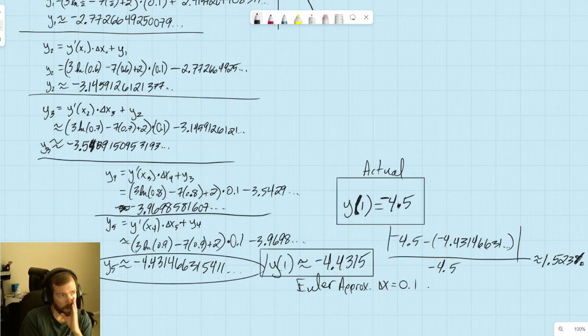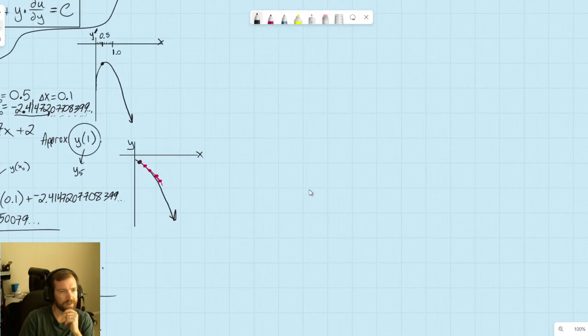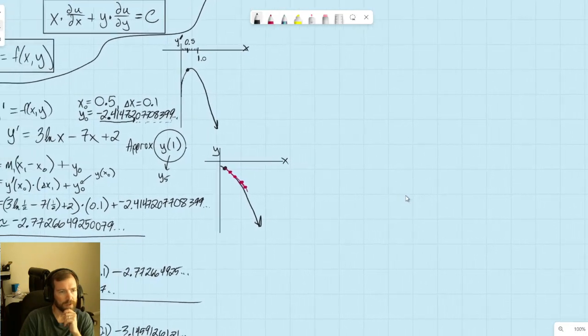So for more complicated functions, obviously this is going to start getting a bit out of hand, and you're just going to want to get the computer to do it for you, because, like I said, it just gets really ugly really quick.